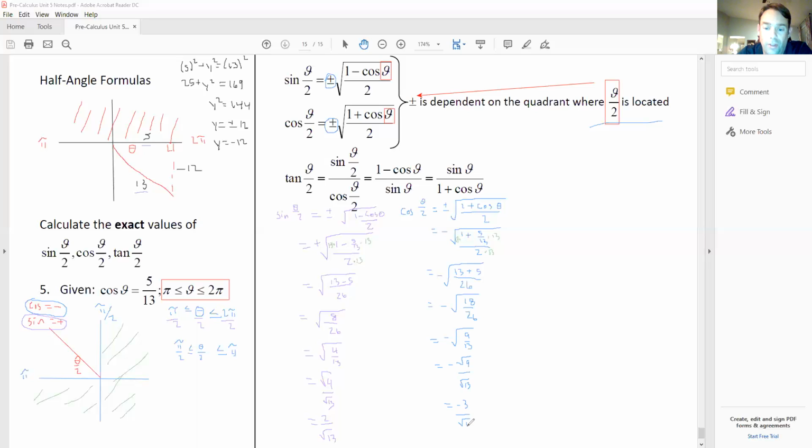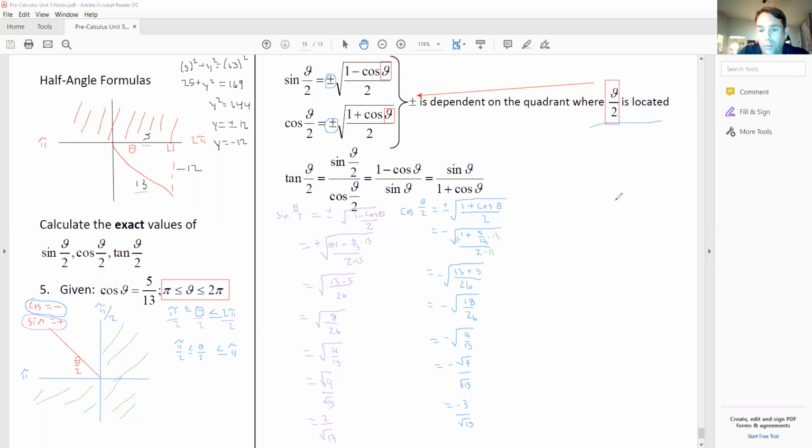So I can already see that tangent is going to be sine over cosine. So 2 over negative 3 is going to be tangent for the half angle. But again, I'm going to use the formulas for these just to make sure and to see how they work here. Notice I don't need to worry about plus or minus on the tangents.